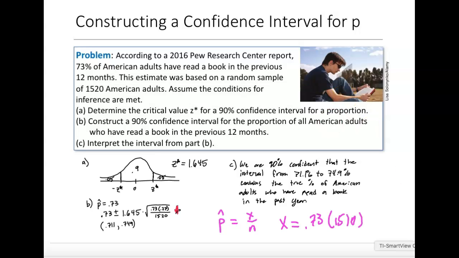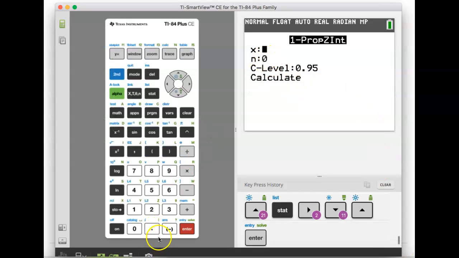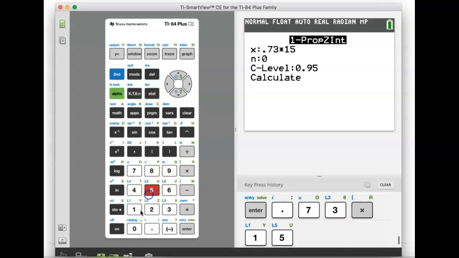So in your calculator, they specifically want that. So 0.73 times 1510 for x. It's 1520, I'm sorry. Thank you. So times 1520. And here's another weird thing: they won't allow a decimal for x.